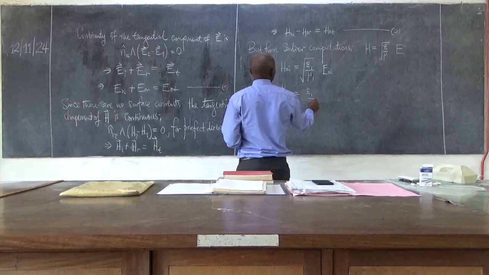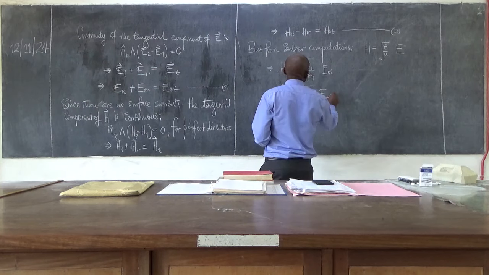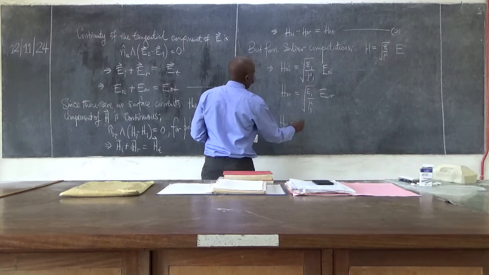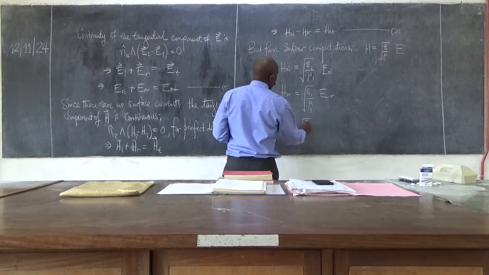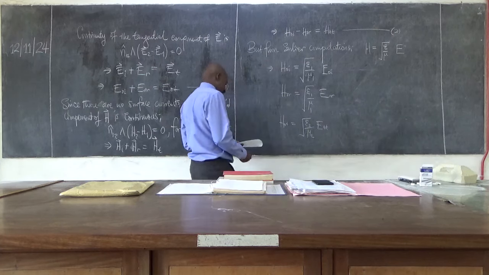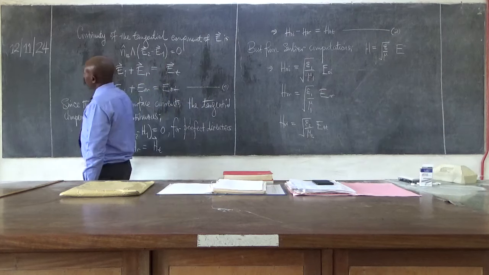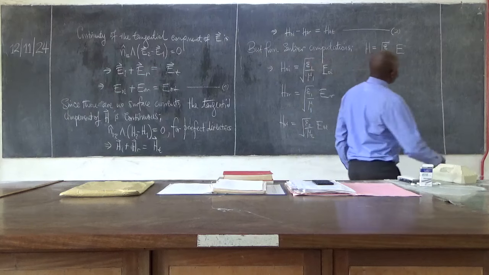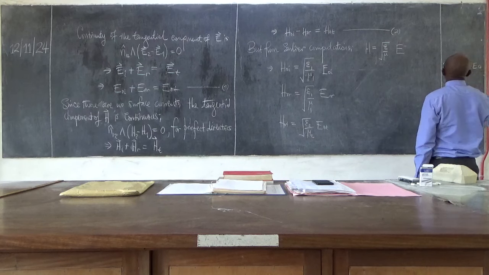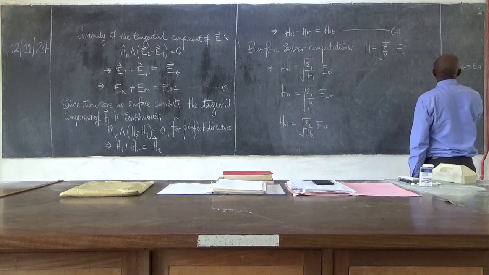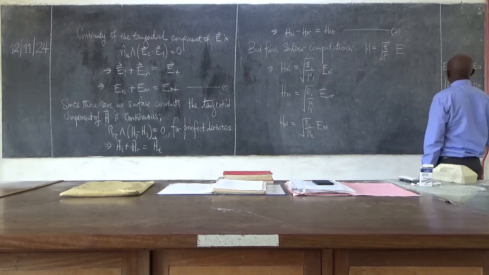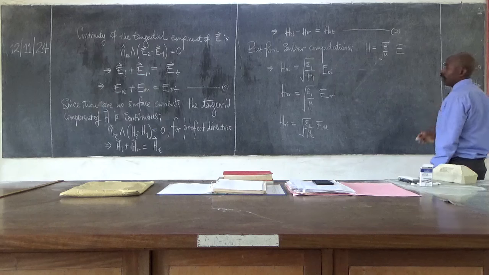But when we get transmitted, H naught T will be equal to root epsilon 2 over mu 2 E naught T. So we have the equation 1 being the same as E naught I plus E naught R equal to E naught T, and H naught I minus H naught R equal to H naught T. So this is equation 2, equation 1.